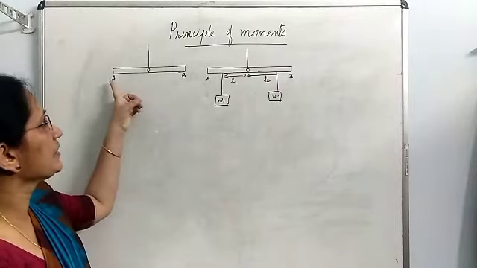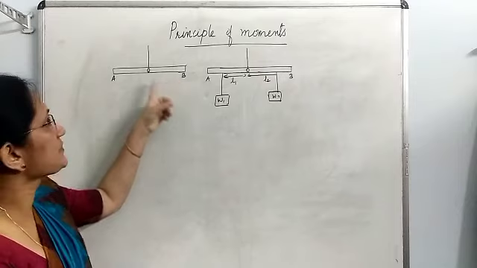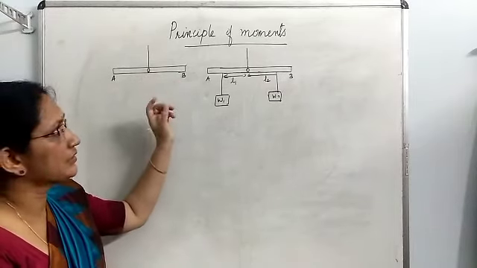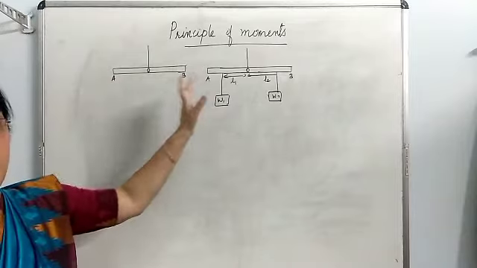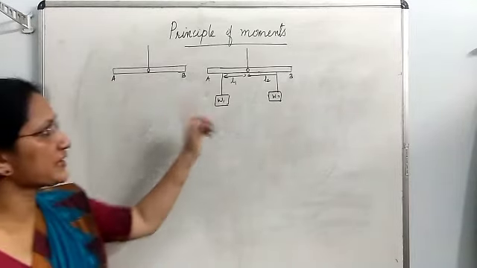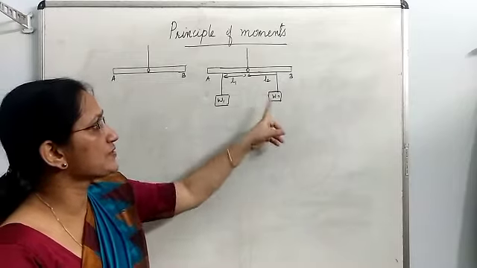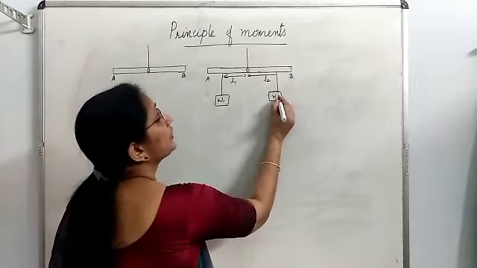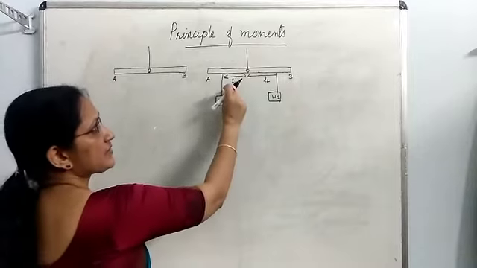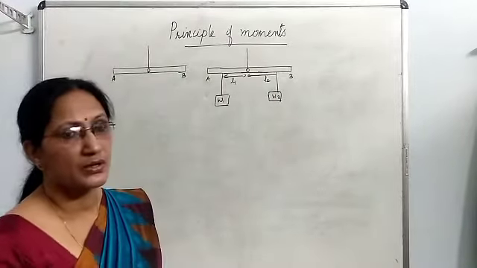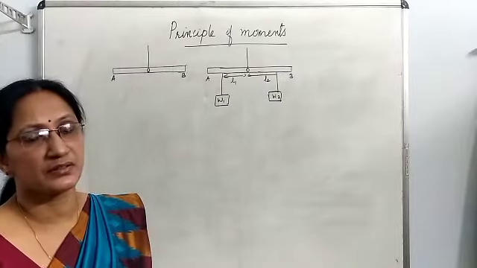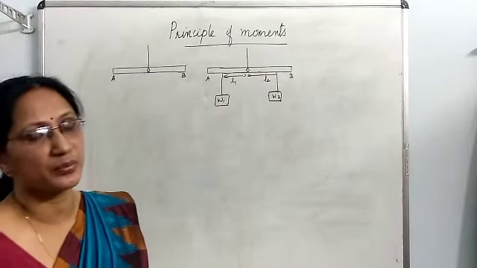You can see a rod AB suspended with a thread at its midpoint O. Then the scale remains in a horizontal position since it is hanging from the midpoint. Now, next step, we are hanging two weights W1 and W2 on two sides of the scale at different distances L1 and L2. Still, the scale remains in the same horizontal position. The scale is in static equilibrium.